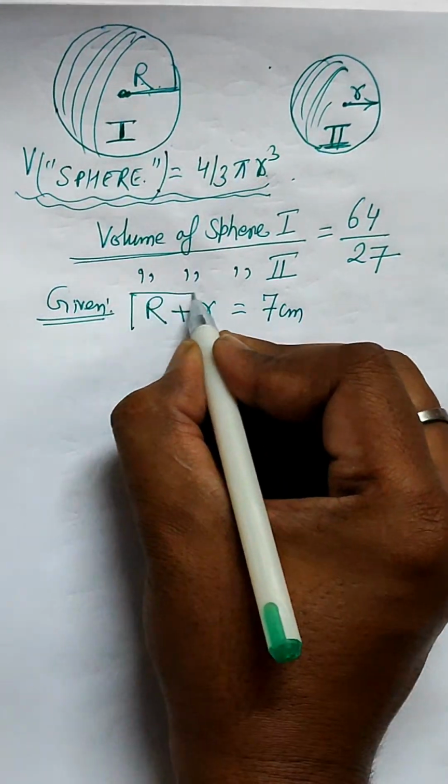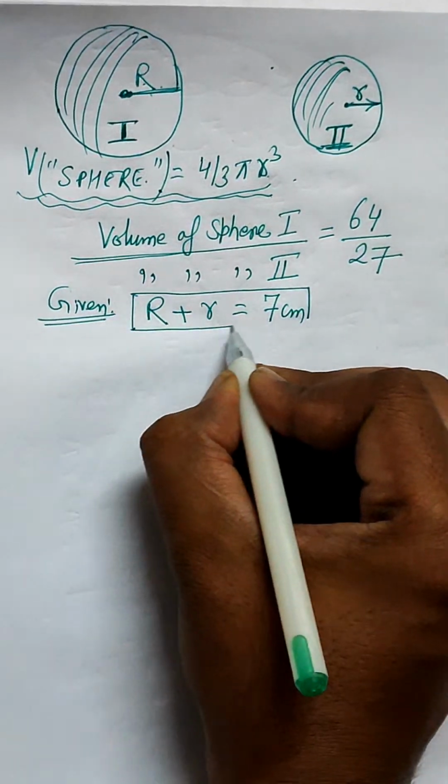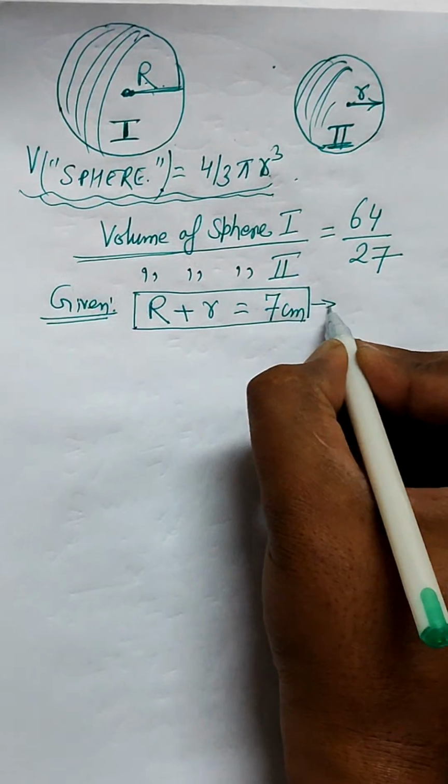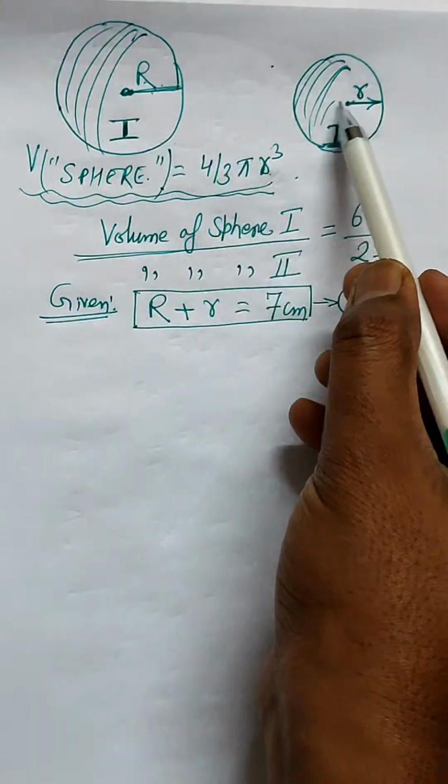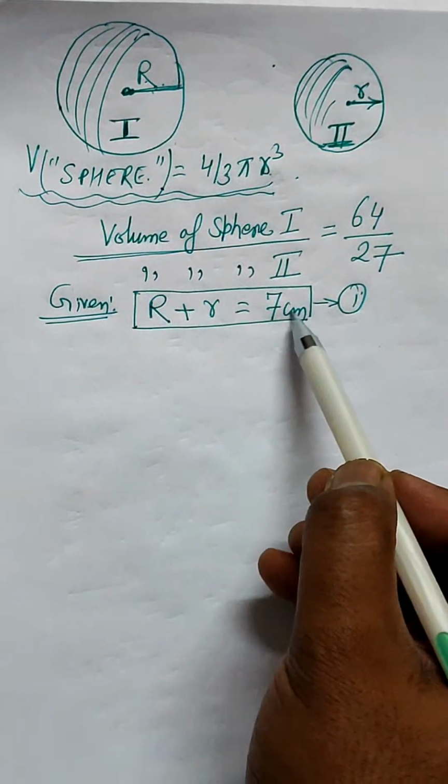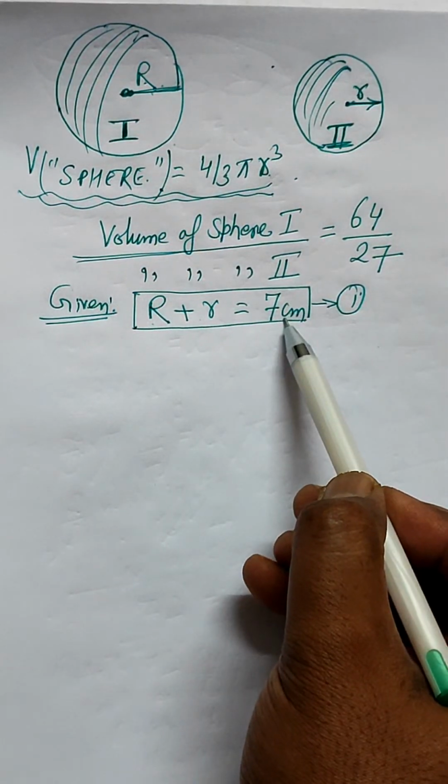So this is one of the relations which is available to you, that is, the sum of the radii of both the spheres is given as 7 centimeter.